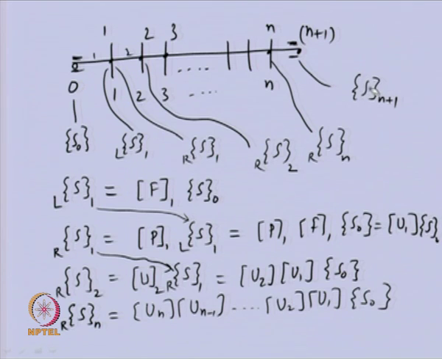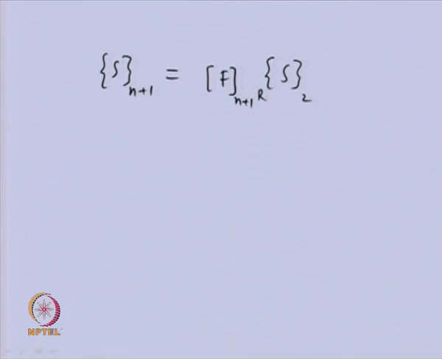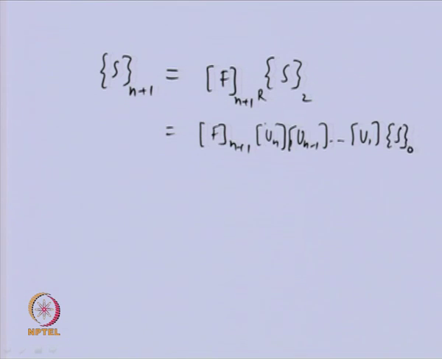field variable of this. Now, you can see that we have earlier related this one with the state vector at the 0 station.